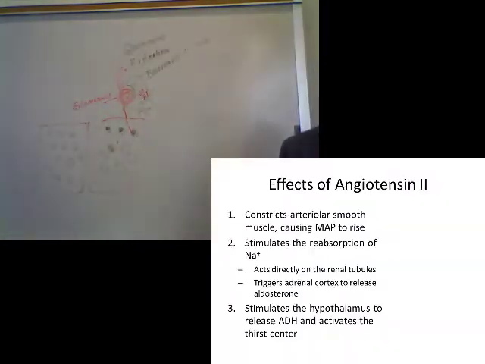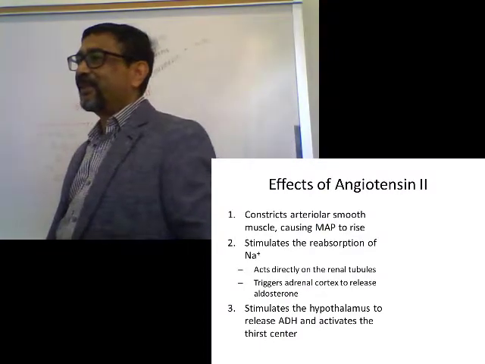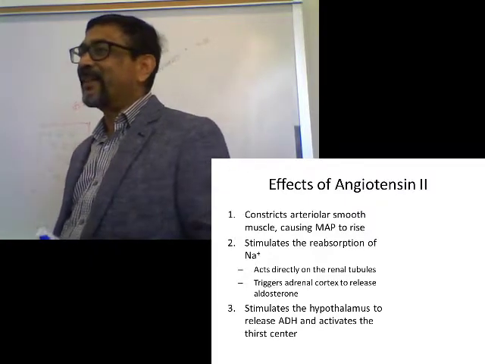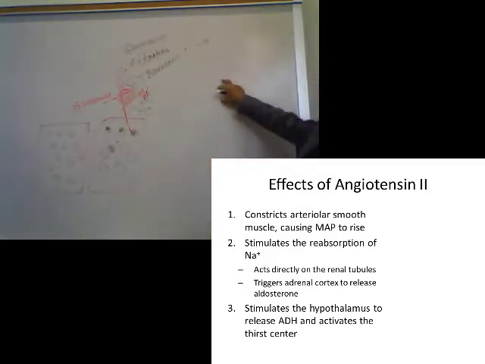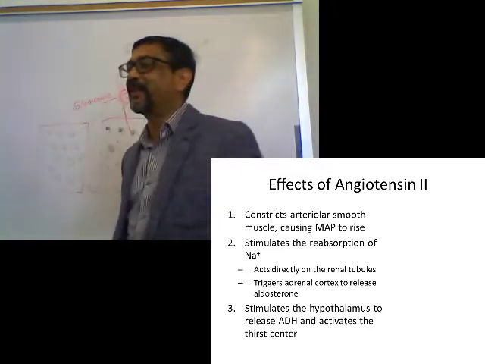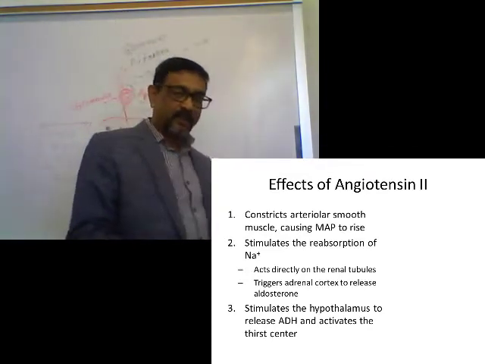Also, angiotensin 2 stimulates the adrenal gland to secrete more what? Aldosterone. Remember, the aldosterone works on this part of distal convoluted tubule. I mentioned the adrenal gland sitting on the kidney, right? So more aldosterone is produced.